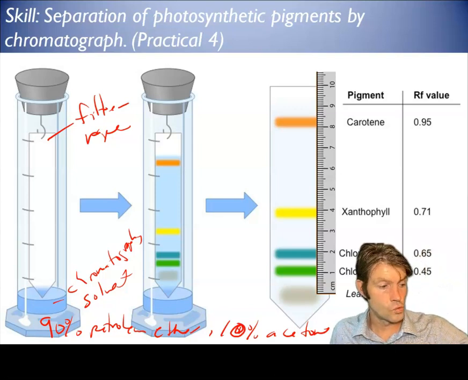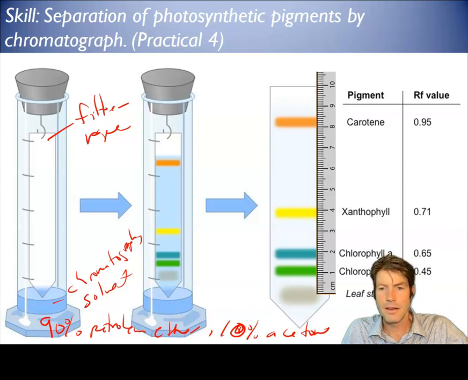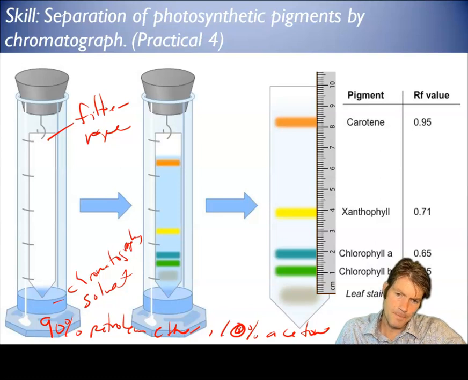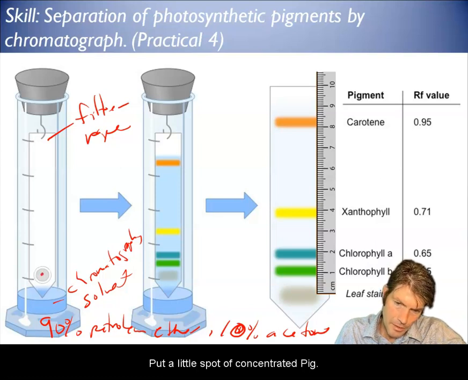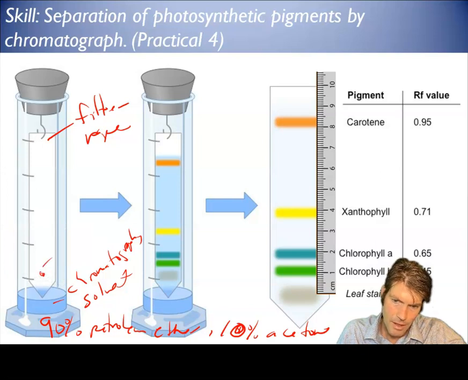Usually you want to cover this up, see how it's covered, because it will make your head spin. And what you do, it's not shown very well on this, is you put a little spot of concentrated pigment right there.